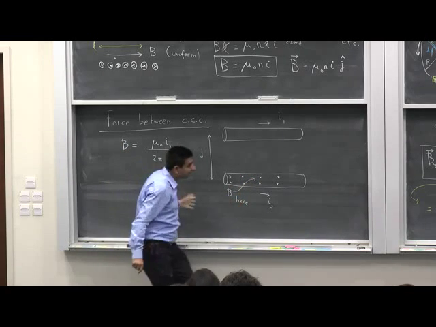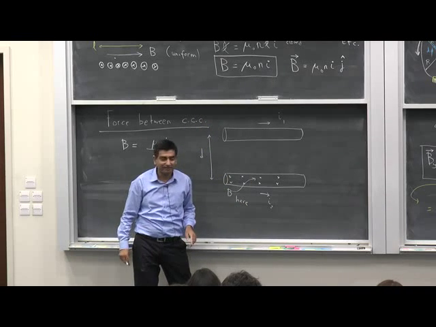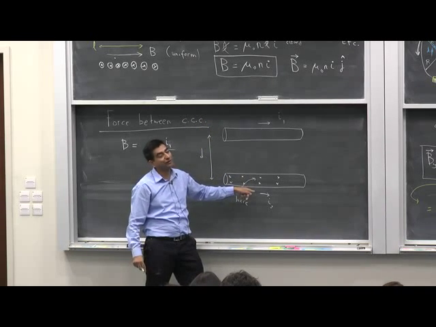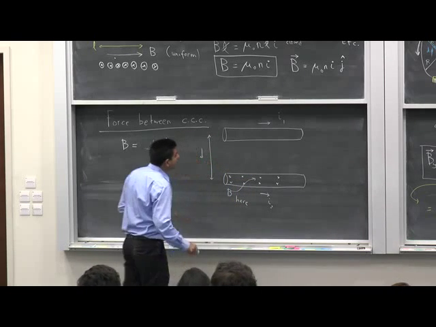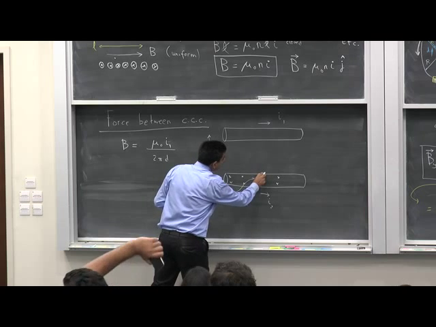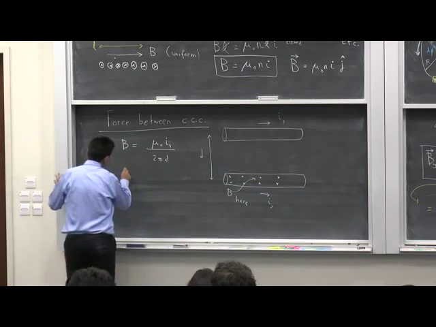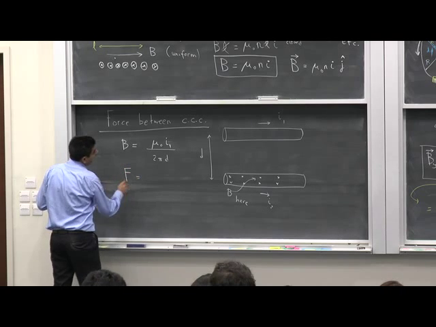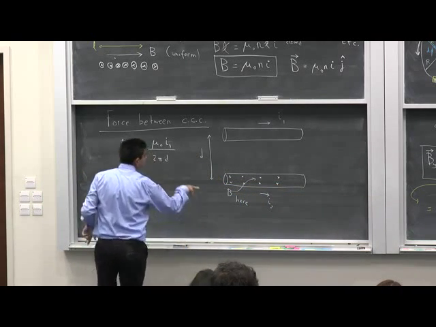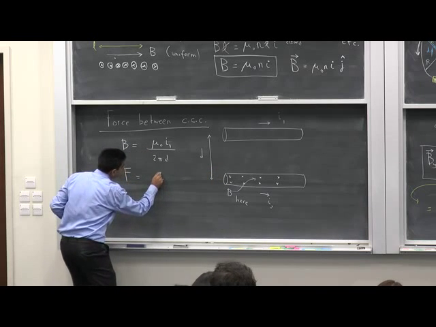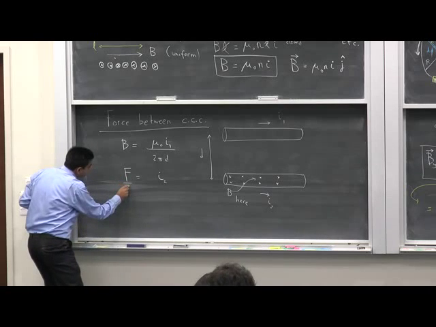Now I have moving charges inside the magnetic field that have been produced by a neighboring current carrying conductor. Now I would like to find out the force on this current carrying conductor. These are infinitely long wires, by the way. So the force on the total length of this wire, F, is going to be given by I dl cross B. The current through this wire is I2. dl integrated gives me L. I bring this length here.